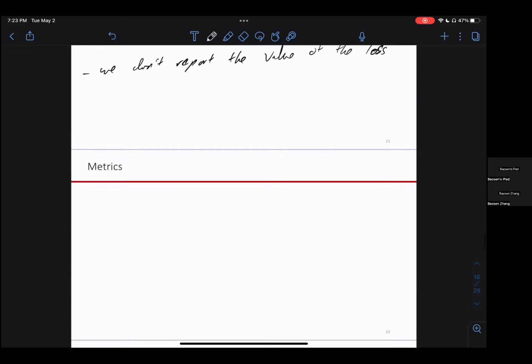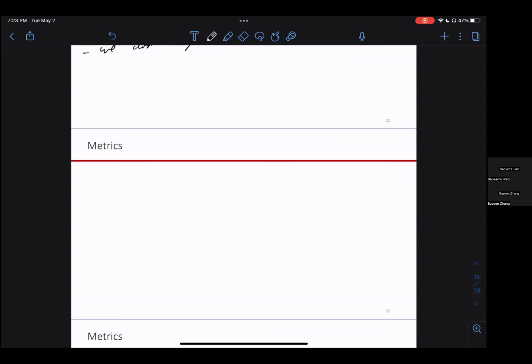So that's why you have a lot of different metrics you report to people, although you never train with these metrics. The most common one is just accuracy.